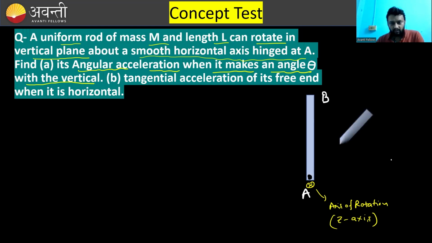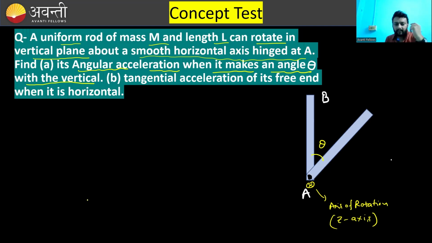The rod will look like that now after making an angle theta with the vertical. So this is angle theta. Clear?